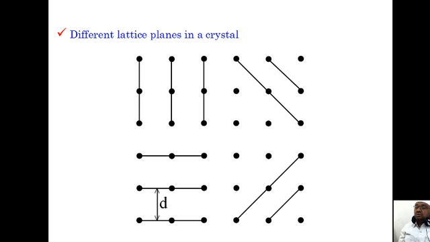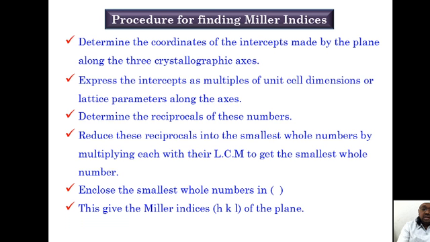To find out that aspect mathematically, the scientist Miller has given us information regarding the crystal planes, right? Mathematically, how you can find the exact values of the crystal planes of different crystal lattices.